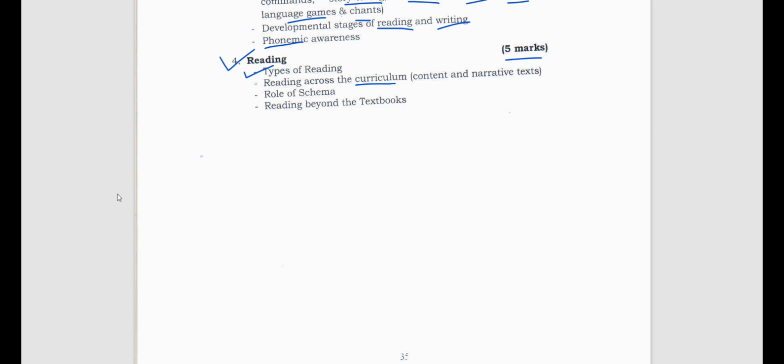So those things we will understand when we are dealing in detail with this reading unit. Now, role of schema. Schema is a very important word, my dear friends. You have to know what schema actually means. Suppose a child was told that whatever flies is a bird.